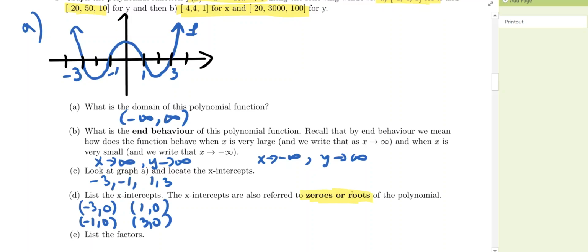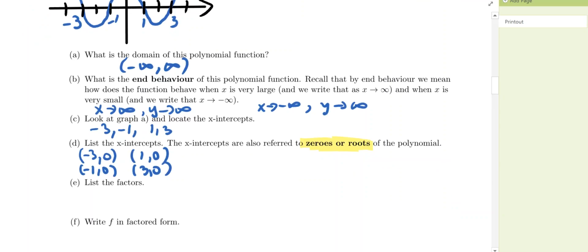When x is 1, the y is 0. When x is 3, the y is 0. So if 1 is a zero or an intercept, we say that x minus 1 is a factor. If 3 is a zero or an intercept, we say that x minus 3 is a factor.